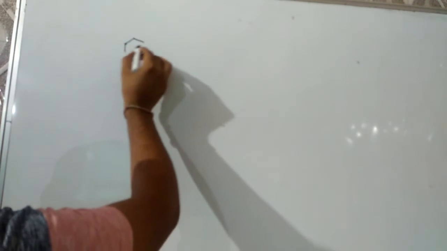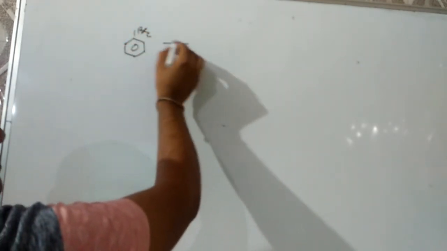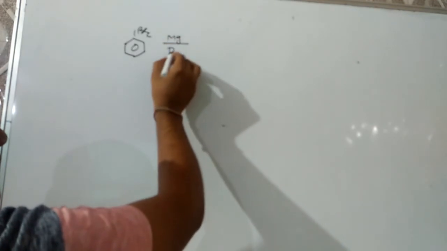We have to first form the Grignard reagent. Magnesium is added to bromobenzene to form phenyl magnesium bromide.